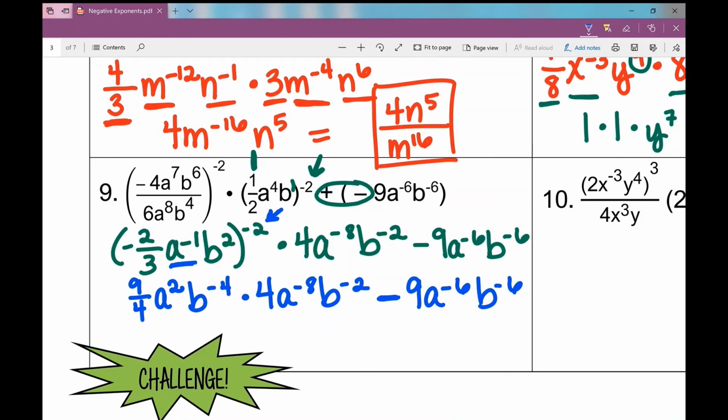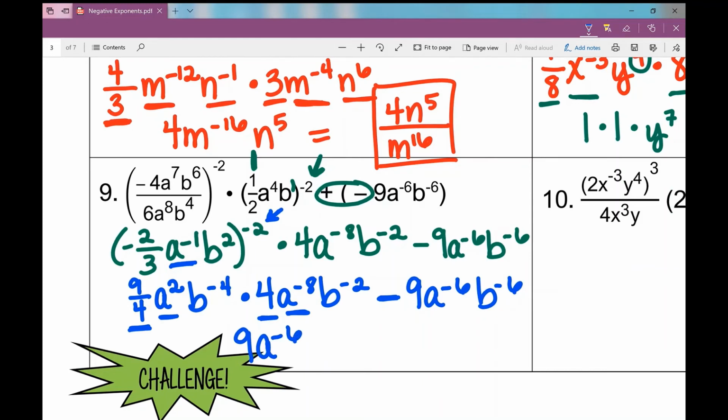So I'm multiplying these two terms right here. The first thing I need to do is multiply my numbers. 9/4 times 4 is what? 9. Now let's apply my product rule to the variables and their exponents. A's first, one variable at a time. 2 and negative 8, what does that combine to?